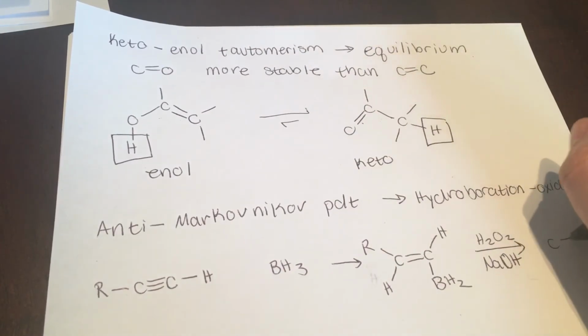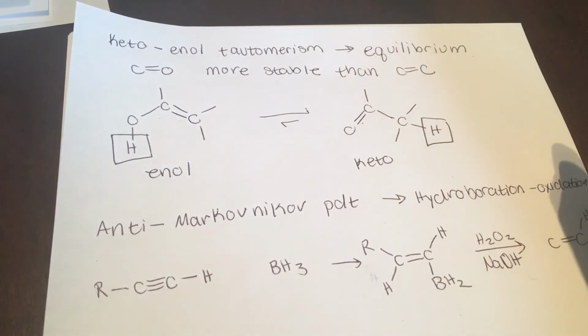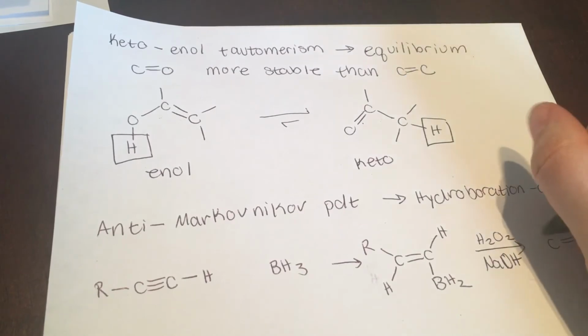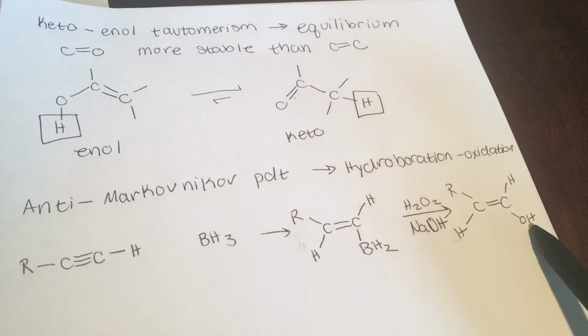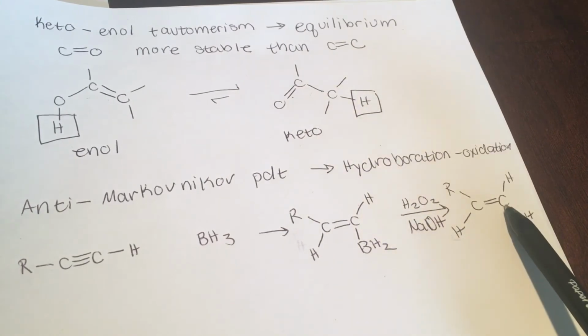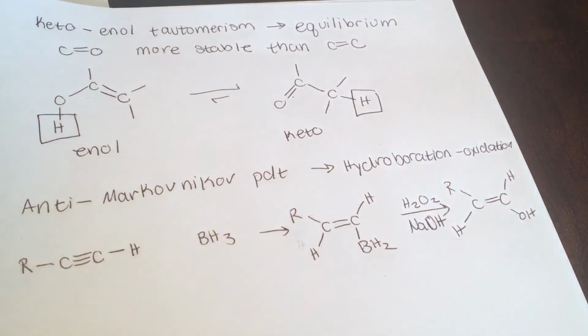So that is going to form our enol. But now our enol, the alcohol, is now on the terminal carbon instead of being on the more substituted. So this is our anti-Markovnikov product.